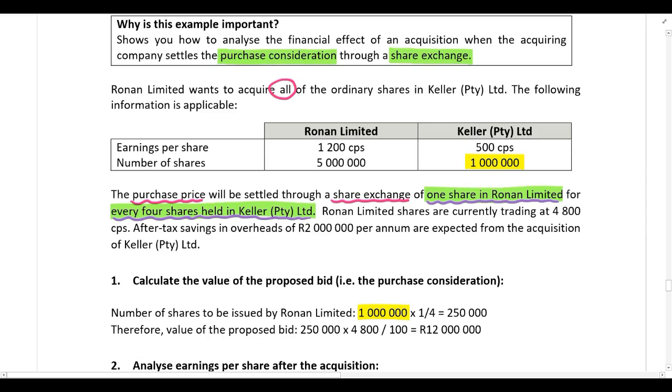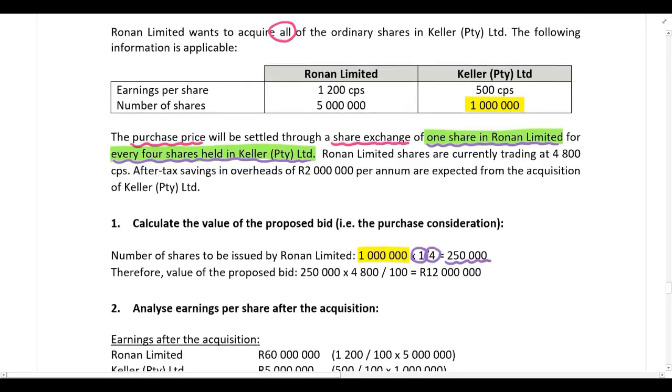So Ronan Limited is going to issue 1 share for every 4 shares held in Keller, meaning that Ronan is going to issue 250,000 shares. So the shareholders of Keller Limited, before the acquisition, have 1 million shares in Keller Limited. After the acquisition, they will hold 250,000 shares in Ronan Limited.